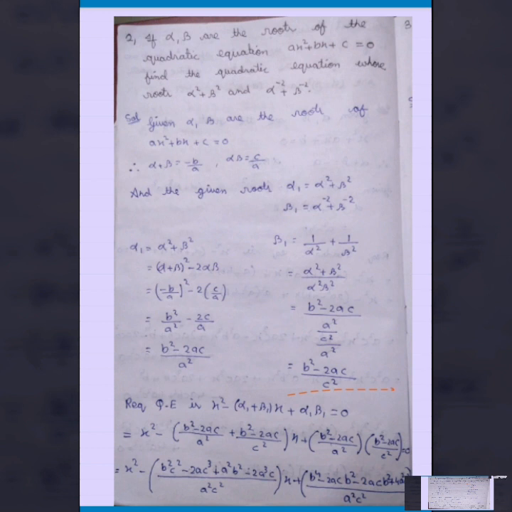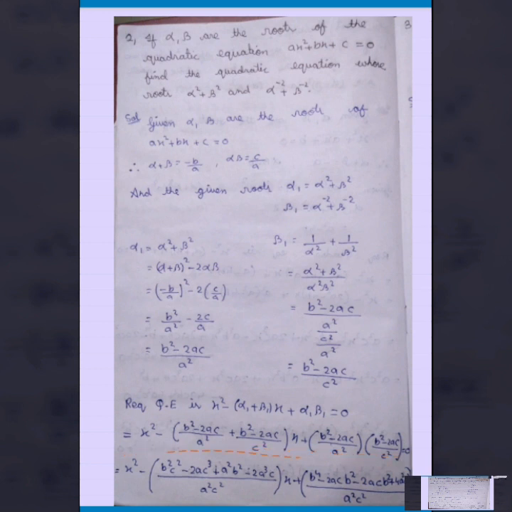So substitute these values in the required quadratic equation, that is x square minus (alpha 1 plus beta 1) into x plus alpha 1 beta 1 equal to 0. So we get x square minus ((b square minus 2ac) by a square plus (b square minus 2ac) by c square) into x plus ((b square minus 2ac) by a square) into ((b square minus 2ac) by c square) equal to 0.